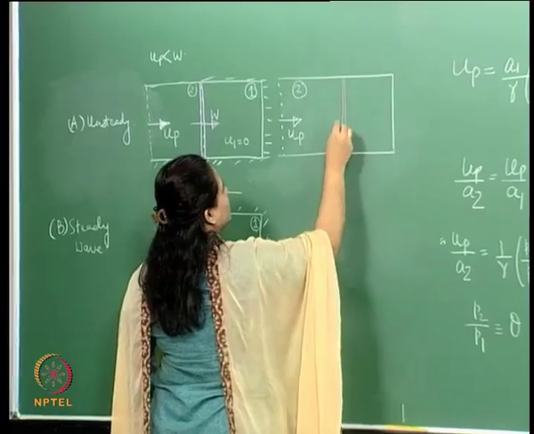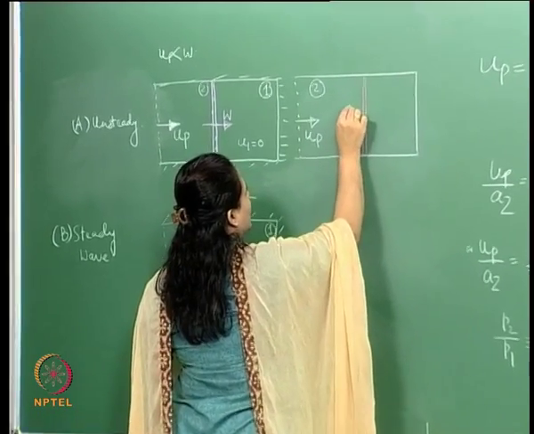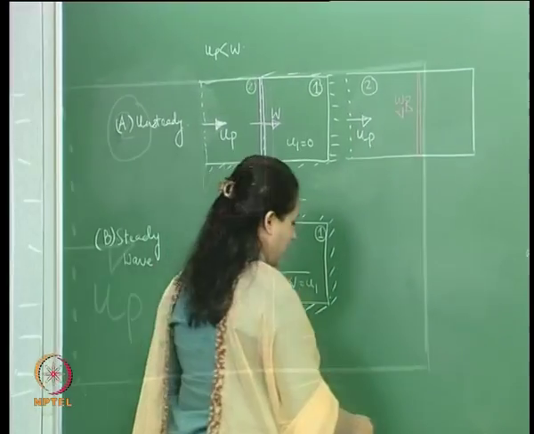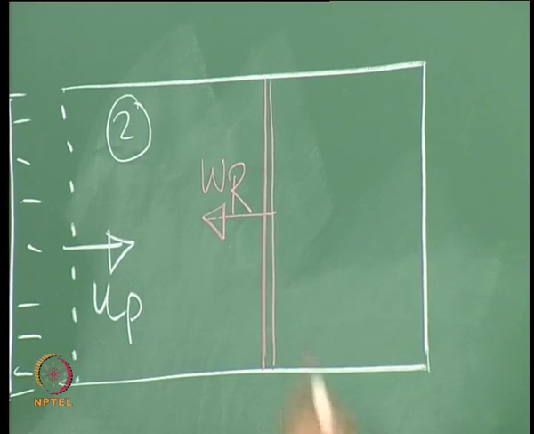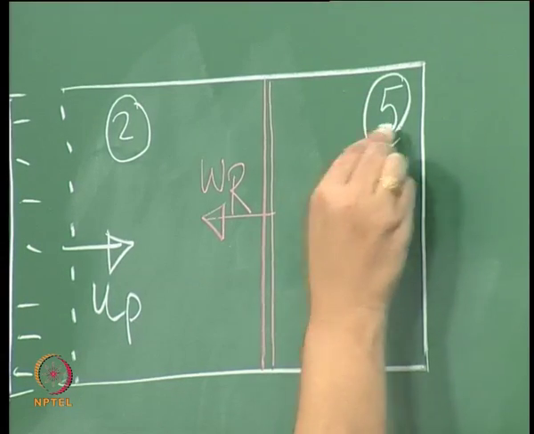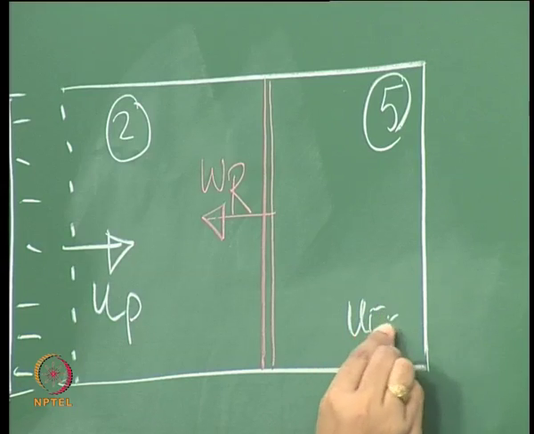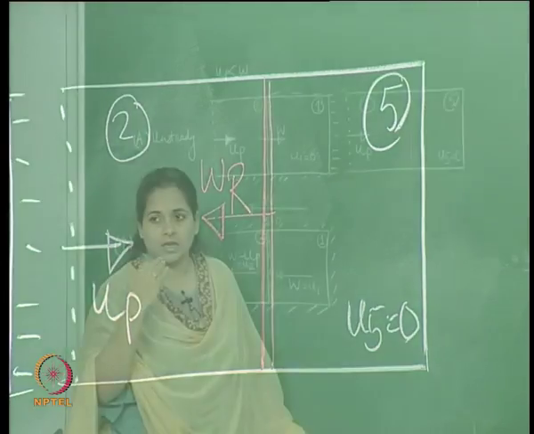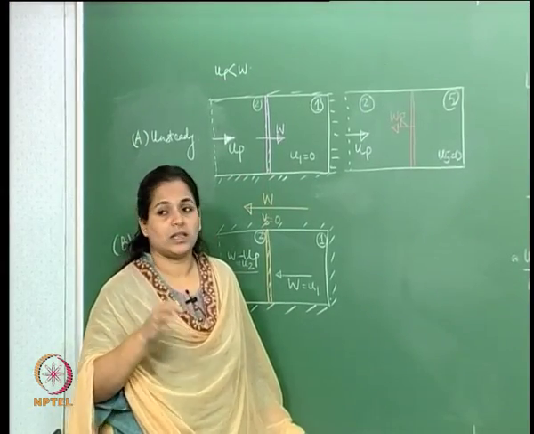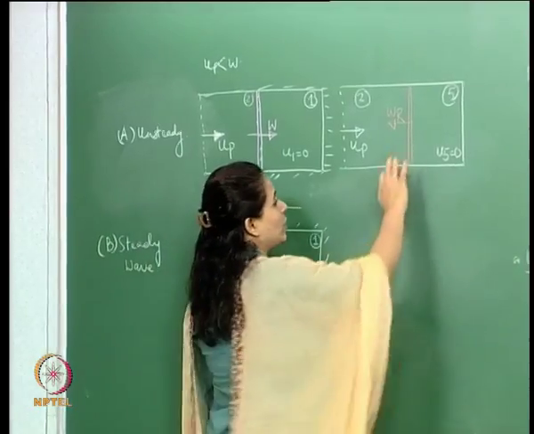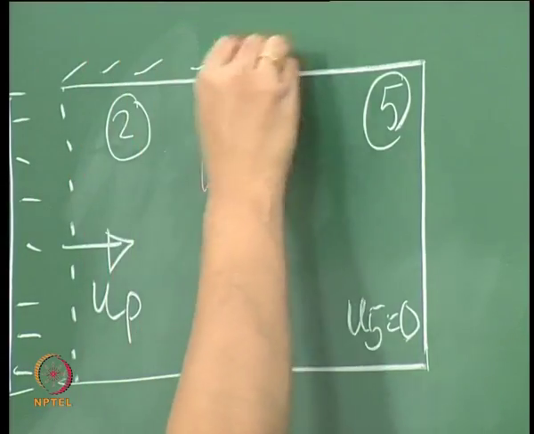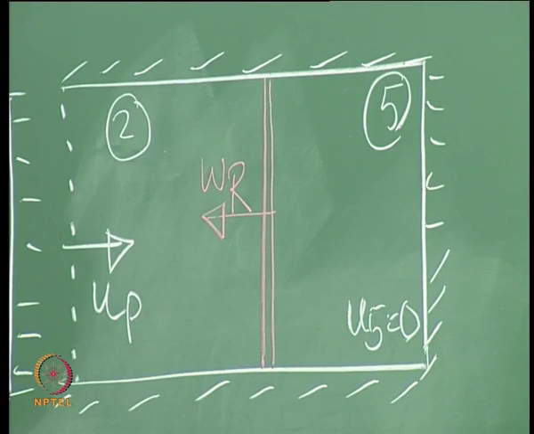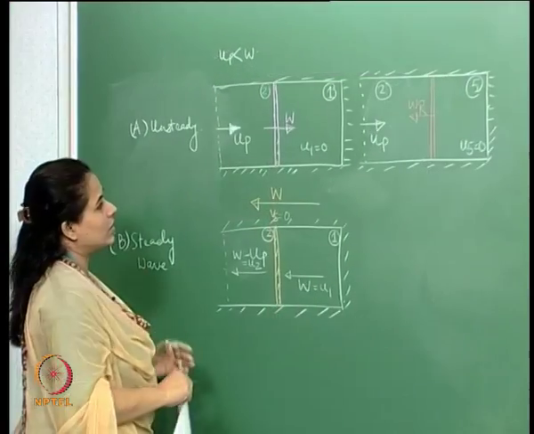It's not the same as W. Say it starts moving in this direction, and let's call this WR, and let's call this region 5. Here also, because it comes to a very sudden stop, or it's hitting the wall, the flow velocity here is 0. So this is essentially the reflected wave.